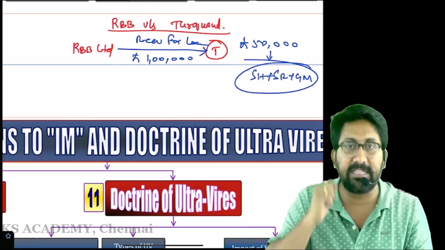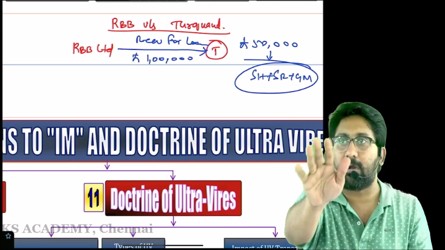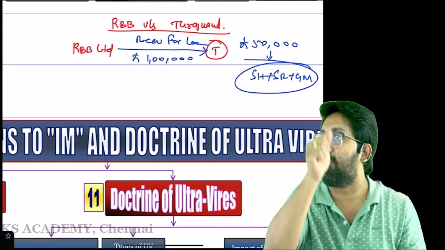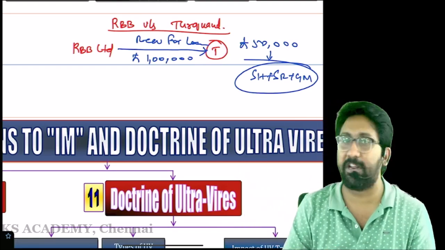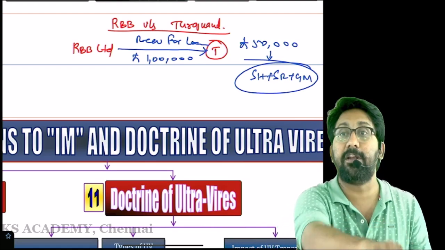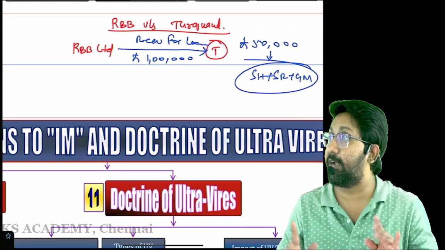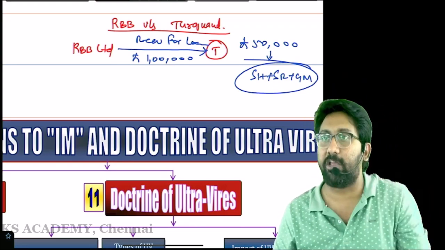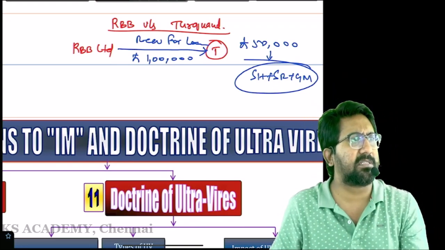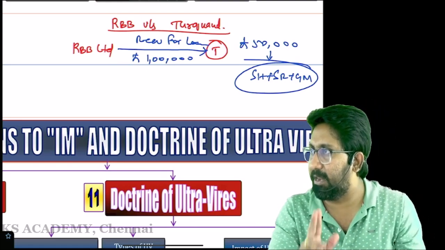Now tell me, in this particular case of Turquoise, is a special resolution required or not? Required, because more than 50,000 has been crossed. It requires a special resolution, but the company did not pass it. Directly it came to Turquoise. Turquoise read MOA, read AOA, understood it in a right sense, and granted 1 lakh pounds to RBB Limited.